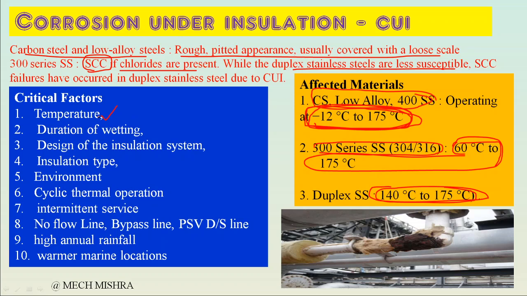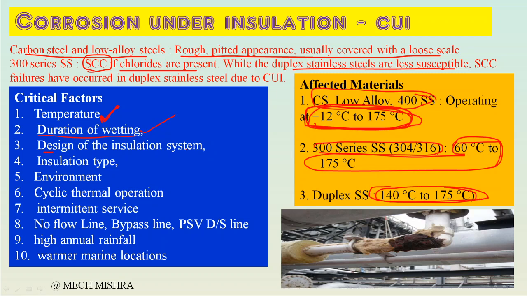So temperature is a factor. The most critical temperature is 121. At 121 more moisture stays in the insulation for a longer time, so that is to be avoided. Next, duration of wetting. If my insulation is wet for a longer period of time, it will cause higher corrosion.